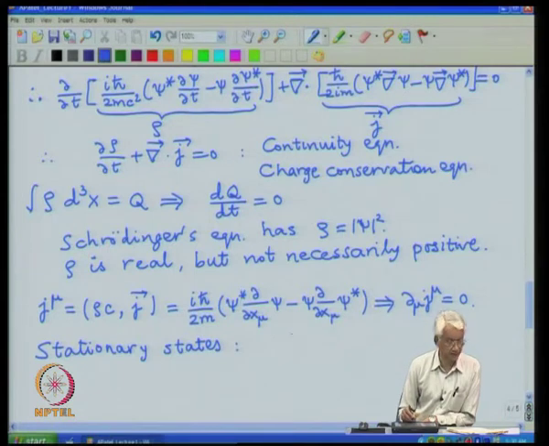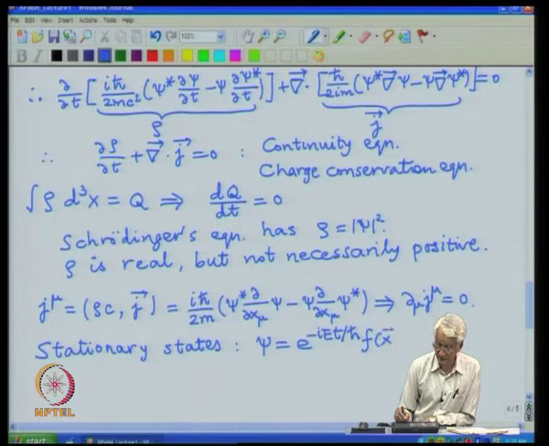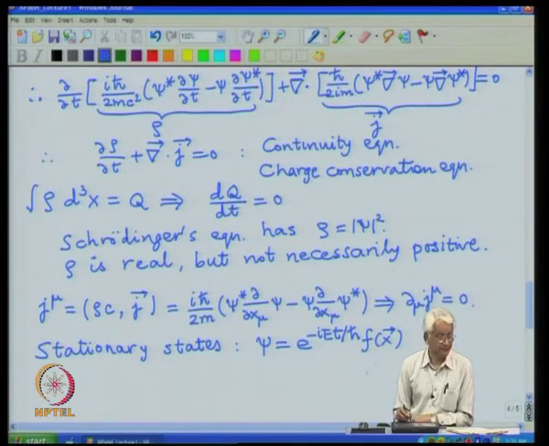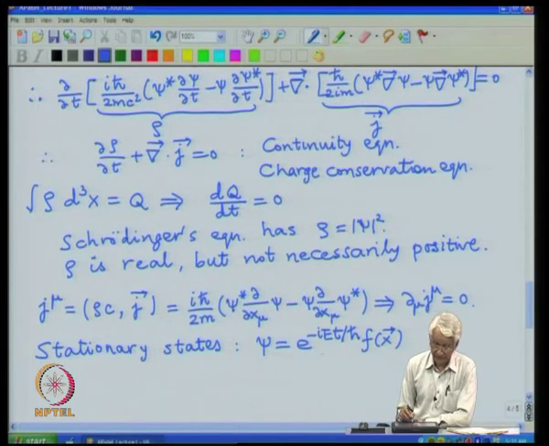In this case, the wave function has a very simple time dependence, that psi is e raised to minus i E t by h cross multiplied by some function of space. And if you now take this particular time dependence and stick it into the expression of rho, it immediately comes out.